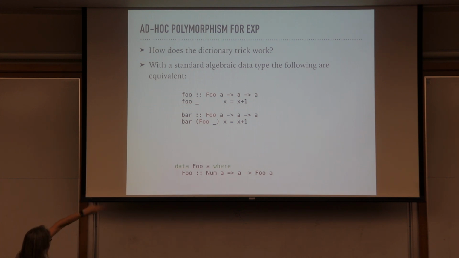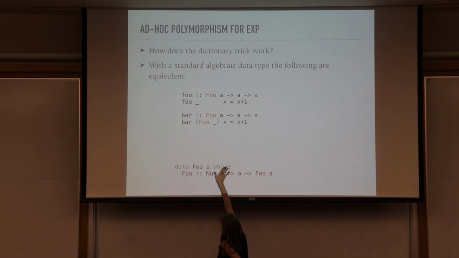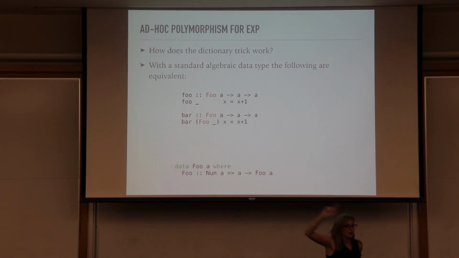Anyway, you would think, and that's true for regular algebraic data types, that foo and bar are exactly equivalent, right? Both really don't do anything with it. With GADTs, though, what should actually happen if Foo is a regular ADT without this type constraint, and I write these two definitions?